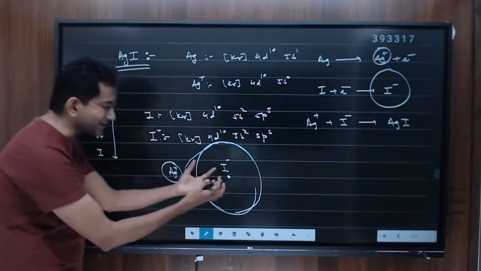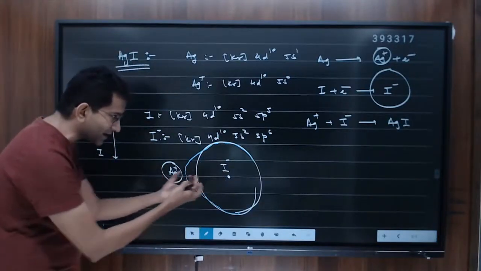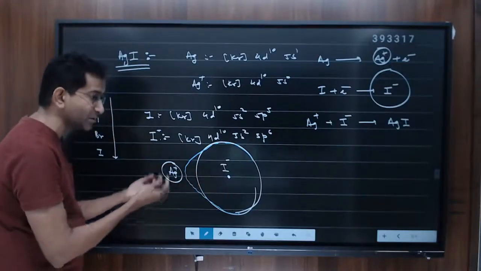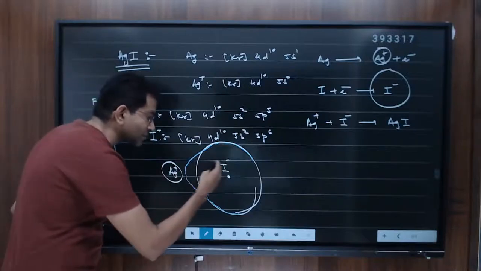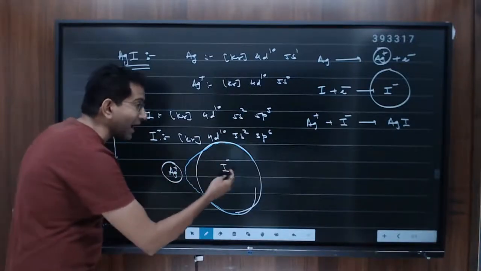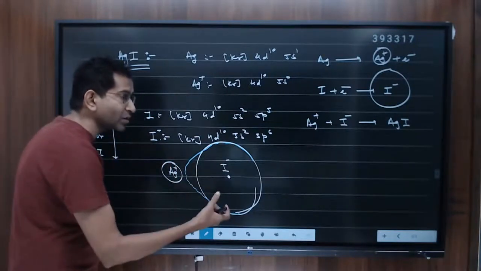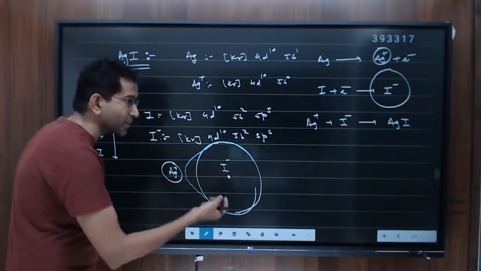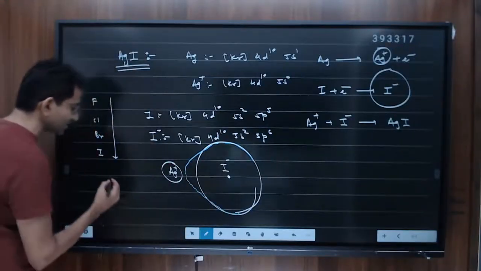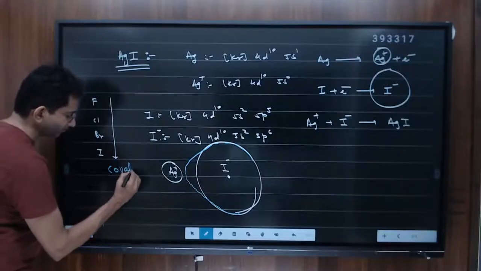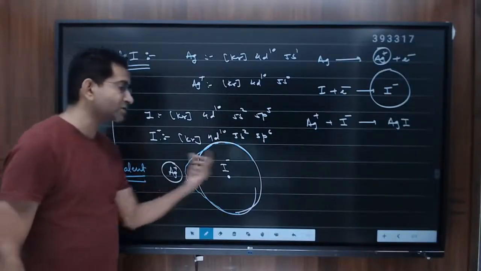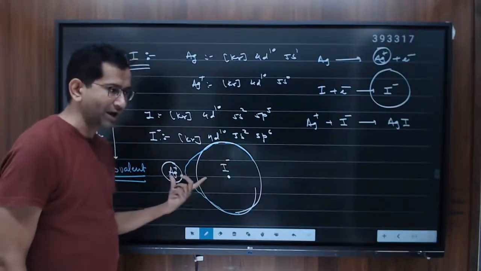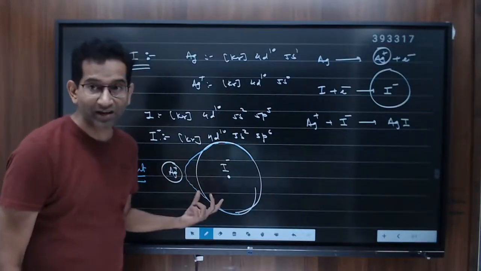Due to that, this electron cloud remains attracted somewhat towards Ag plus, meaning this electron cloud has now come somewhat between Ag plus and I minus. When electron probability comes between two ions, this is nothing but covalent character. Whenever electron density or electron cloud comes between two atoms or ions, that is called sharing.